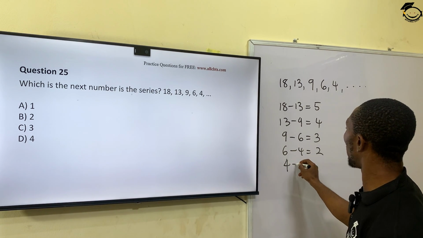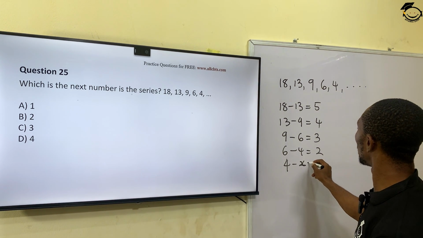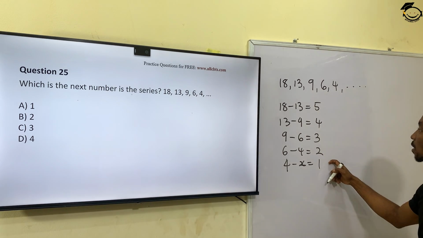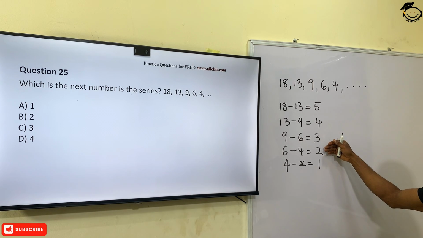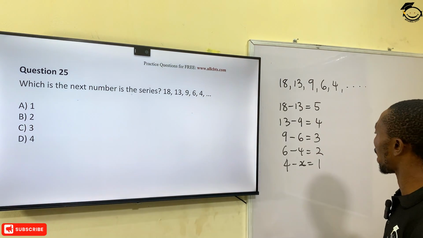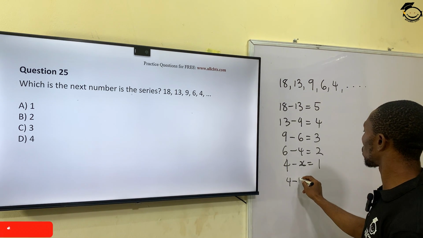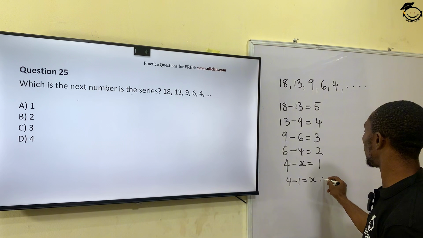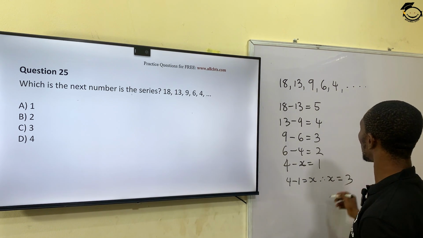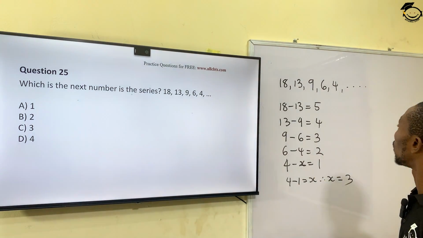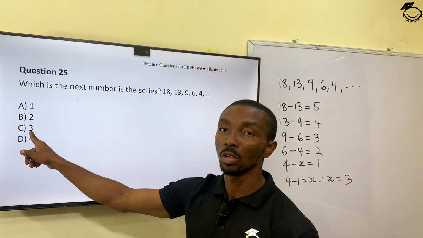And 4 minus x will give us 1. Since it's decreasing by 1, 5, 4, 3, 2, 1, for us to find x, it will become 4 minus 1 equals x. So therefore, x equals 3. So our next number in the sequence would be 3, which is option C.